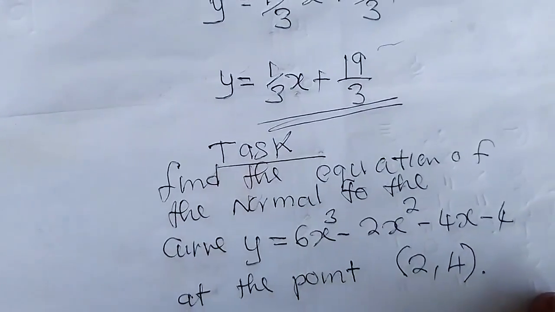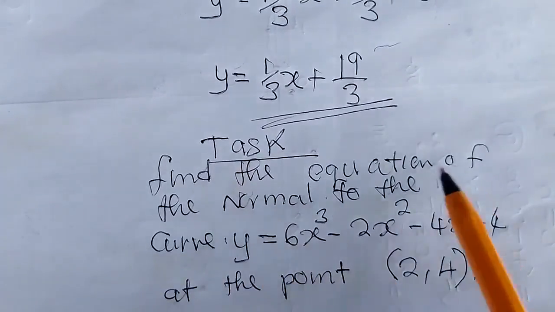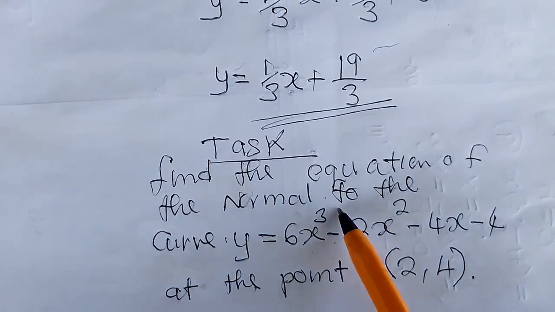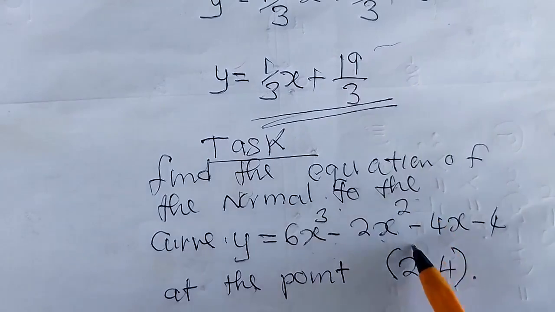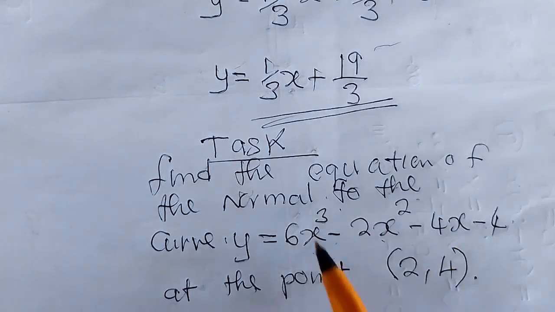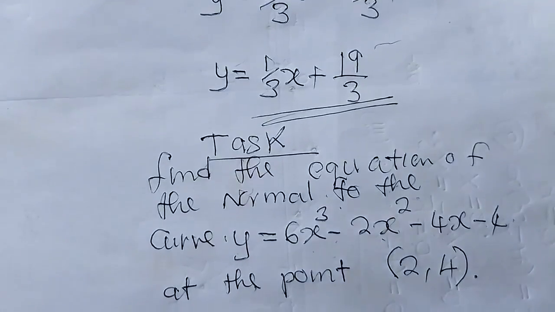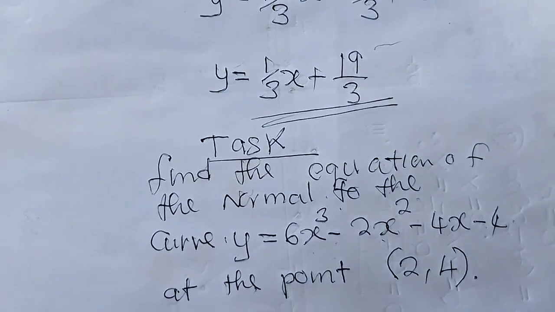That is the point. Have you seen this question? Find the equation of the normal to the curve y is equal to 6x cubed minus 2x squared minus 4x minus 4. This is the question that I want you to answer. This is the question that I want you to practice. So this is the work for you.